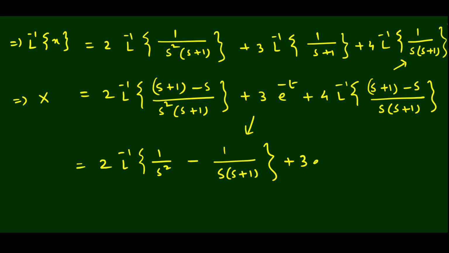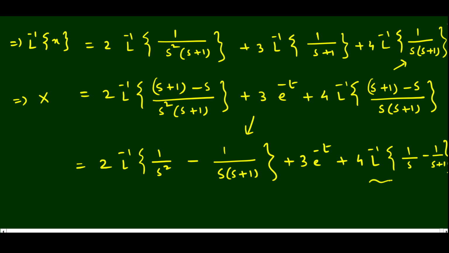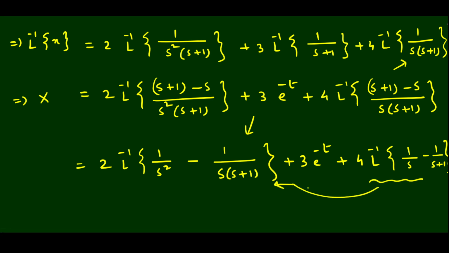So 3 into e to the power minus t, 4 into, if we simplify it, how much will we get? If we separate them, s plus 1 cancels out: 1 by s minus 1 by s plus 1. This one we will write directly in the next line because they are the same.